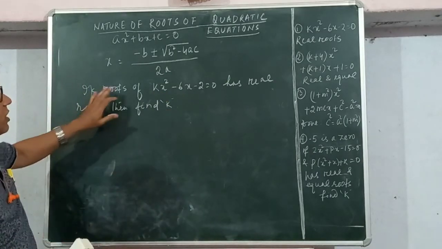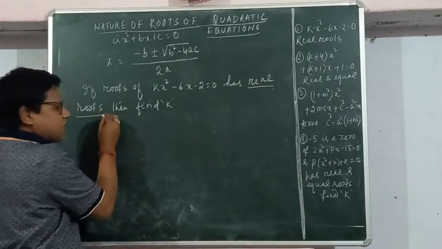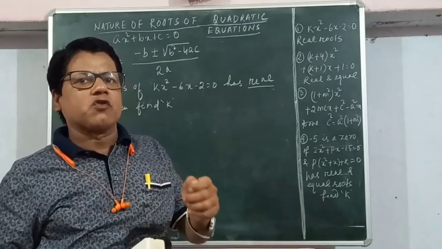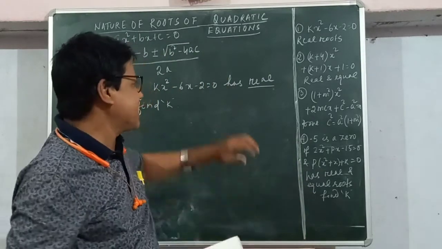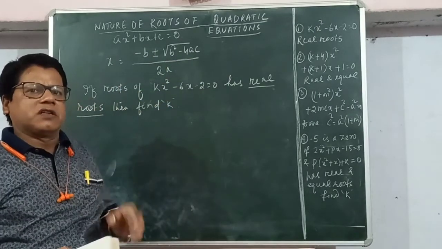Here it is given that it has real roots. It is not mentioned whether the real roots are distinct or equal. So in case only real roots are mentioned, we have to take the two conditions.